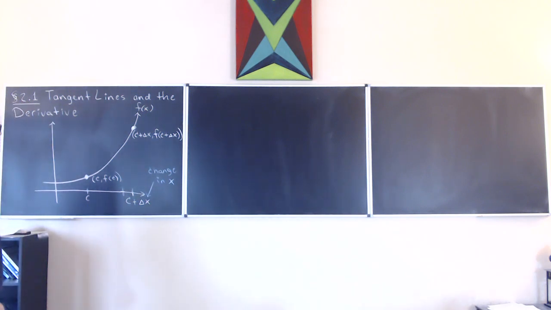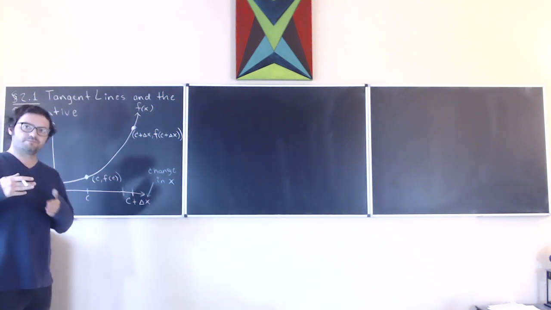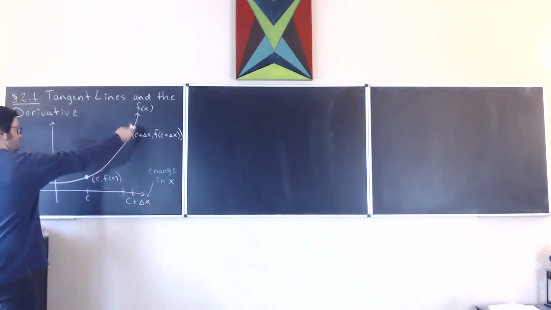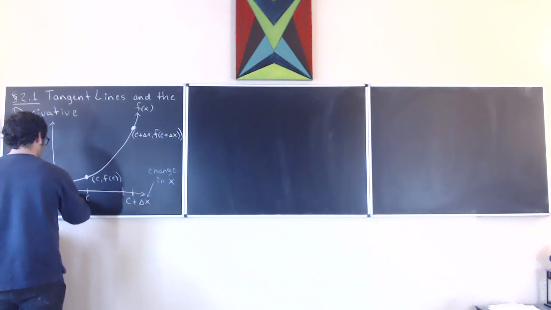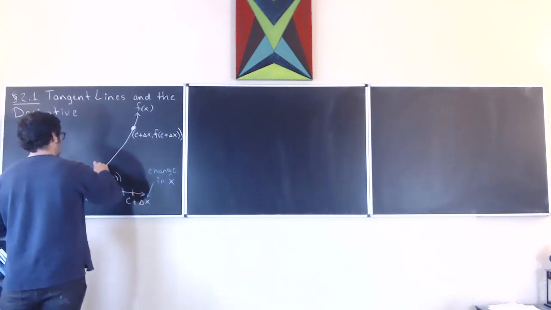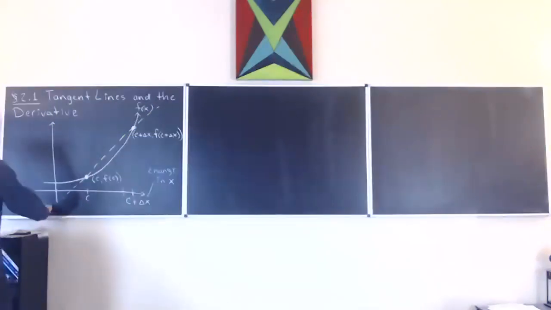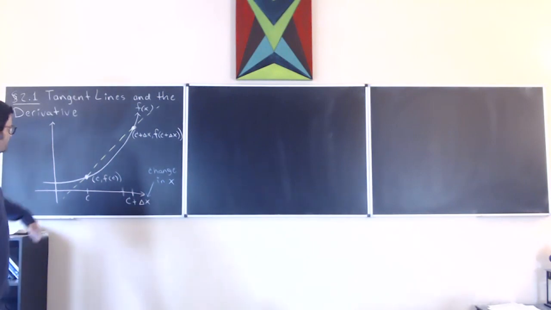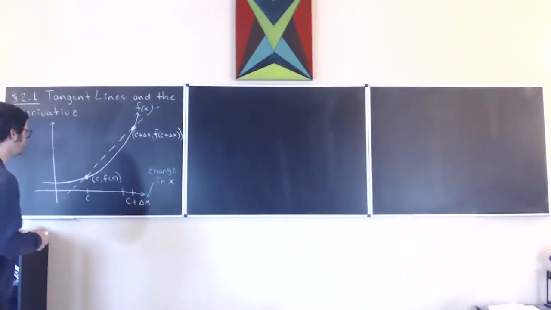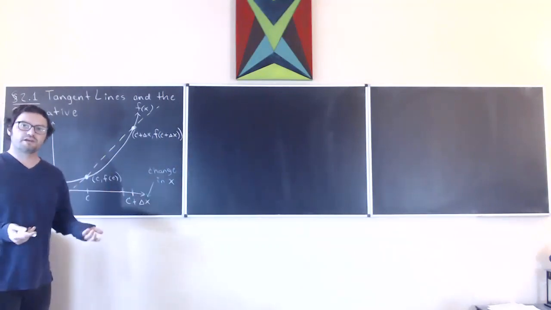Now, if you remember from a college algebra or a pre-calc course, there is an equation of a line that connects 2 points, right? And these are 2 points. So there is some line that connects those points. And the slope of this line is given by the change in y over the change in x, right?